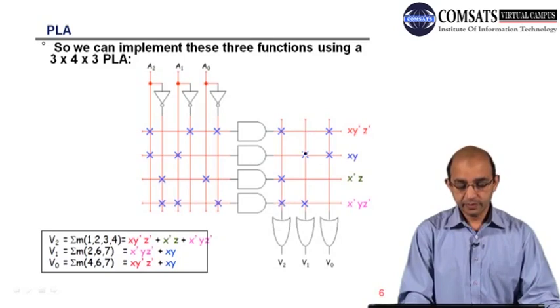For this second one, v1, we have x bar y z and x y. And here for this last one, v0, we have x y bar z bar, and then x y.